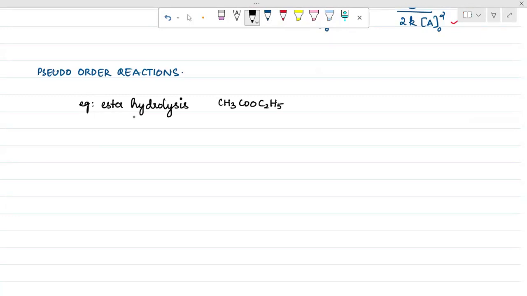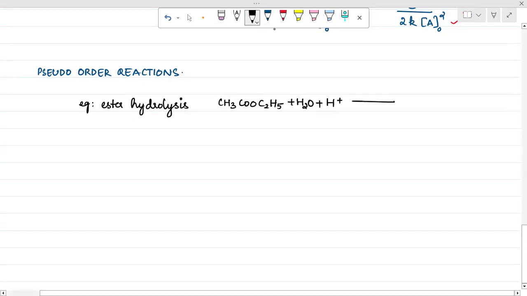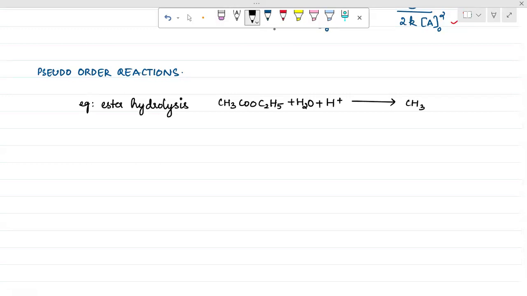Consider an ester in the presence of water and any acid. Let's say it hydrolyzes. Please note it down. Hydrolysis occurs and this becomes CH3COOH plus C2H5OH.